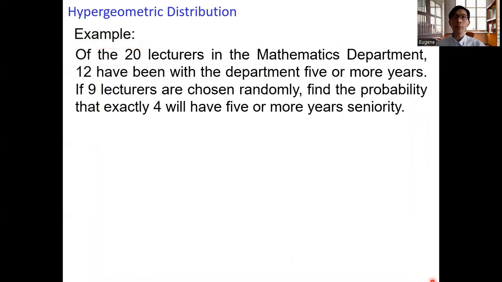Let's take a look at an example. Of the 20 lecturers in the mathematics department, 12 have been with the department 5 or more years. If 9 lecturers are chosen randomly, find the probability that exactly 4 will have 5 or more years seniority.